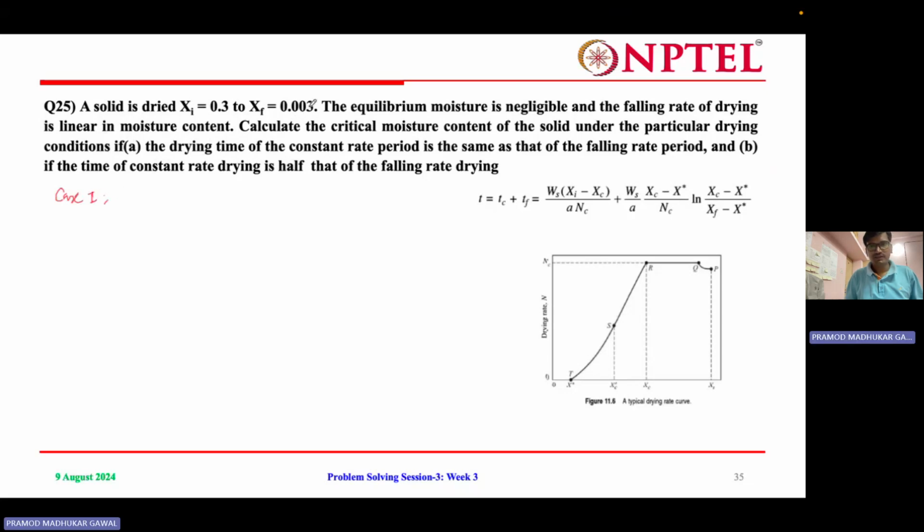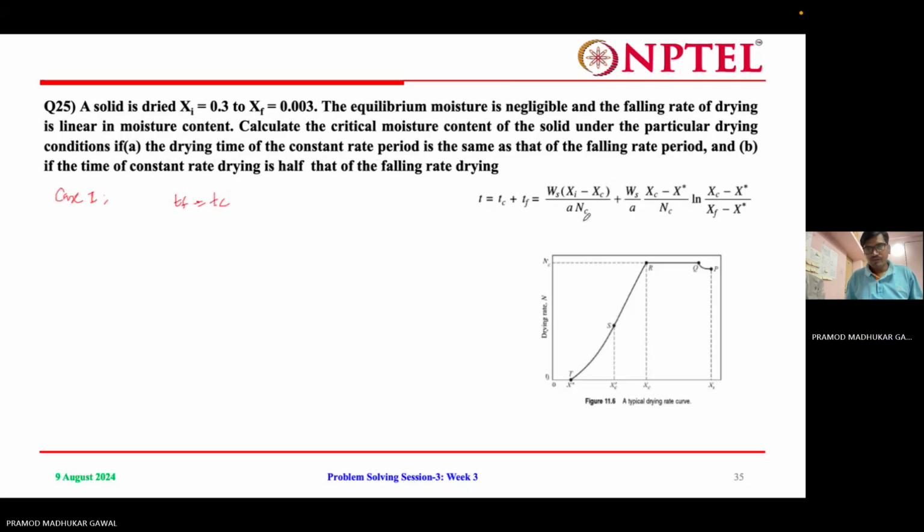In the first case, the initial conditions are given. Here tf is equal to tc. The constant rate period is the same as the falling rate period, right?